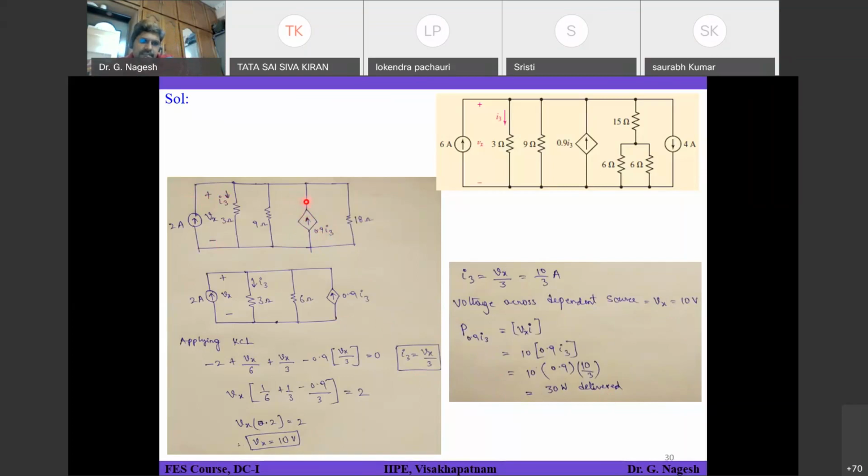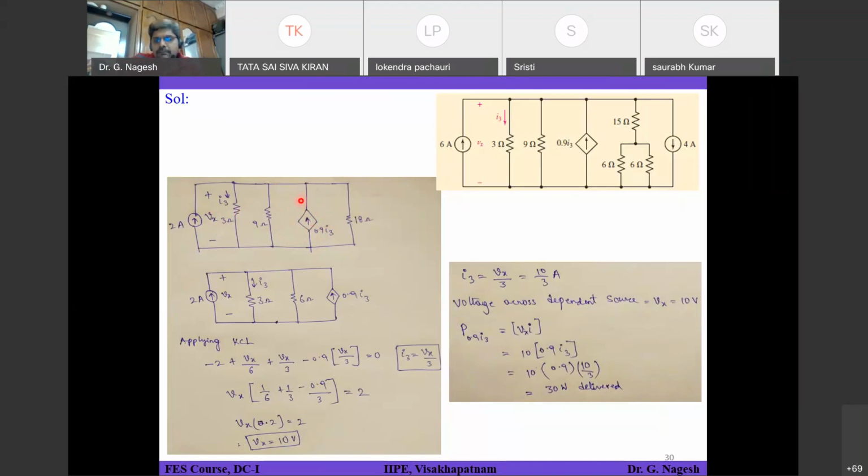That means Vx is existing across this current source also, with plus on the top and minus on the bottom. So current leaving from the positive terminal should be multiplied with the corresponding voltage. Vx is the voltage existing across these two terminals, so you have to multiply Vx with the current leaving from the top terminal. What is the current leaving from the top terminal for this independent current source? Can anyone say what is the current leaving?